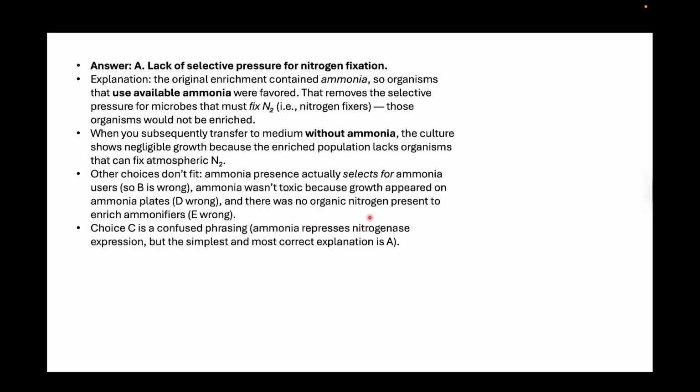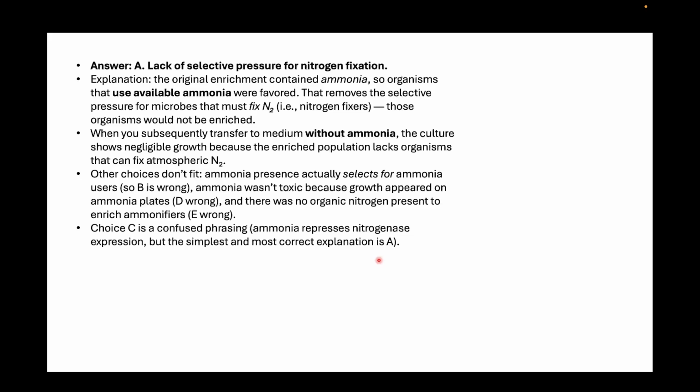And there was no organic nitrogen present to enrich ammonifiers, so option E is also wrong. You need organic nitrogen to be present to enrich ammonifiers. Choice C is a confused phrasing. Ammonia represses nitrogenase expression, but the simplest and most correct explanation is A. So lack of selective pressure for nitrogen fixation removed the N2 fixers, and therefore in the subculture, in the absence of ammonia, there was little growth.